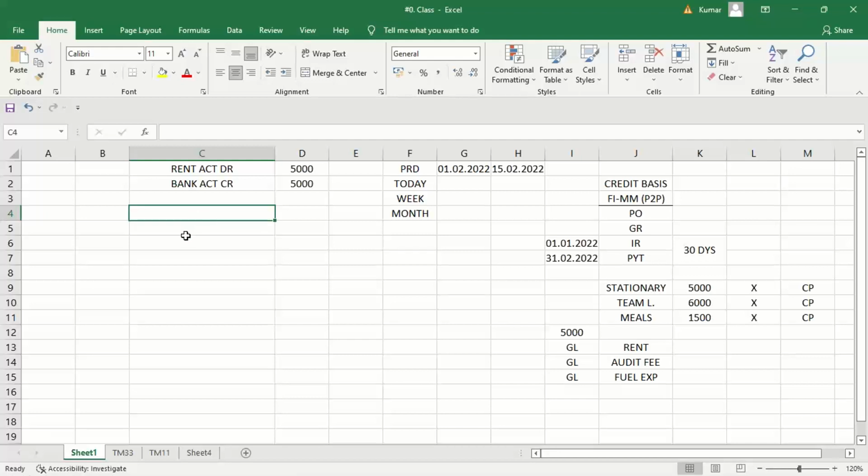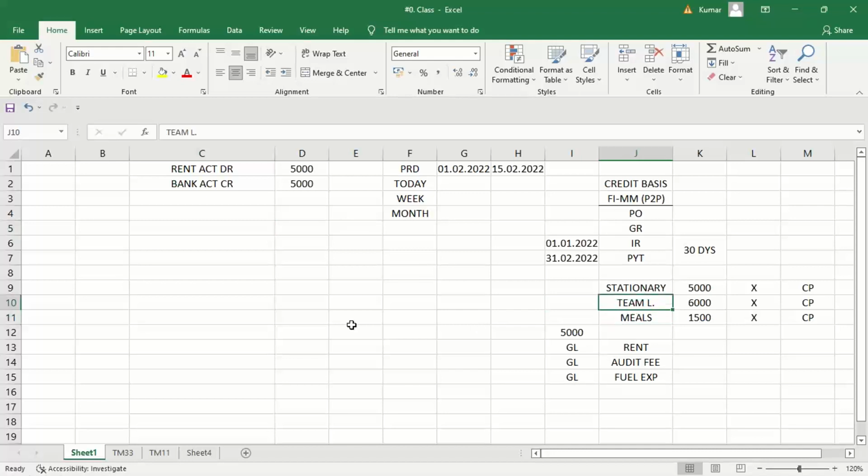Now, stationery purchase, or expenses related to team lunch, purchase of meals, tea, coffee, snacks, or any other small items, right? For these things, what happened, guys? If we create a GL for stationery purchase, stationery account is debited, and cash account credited.